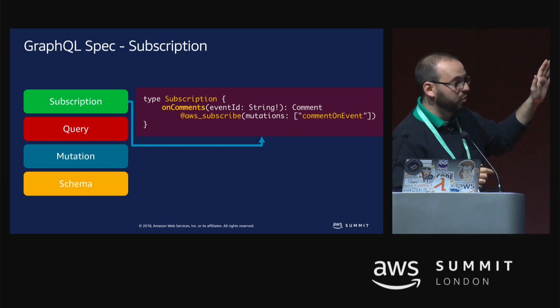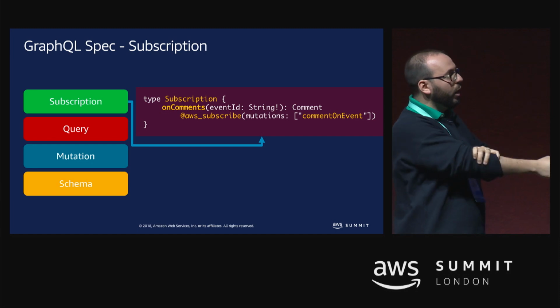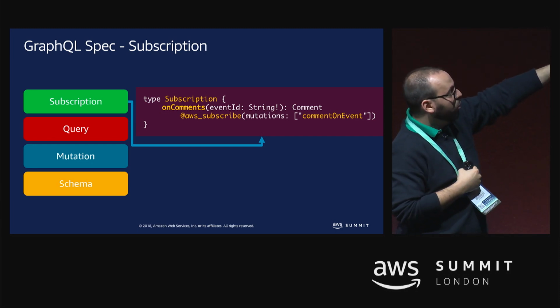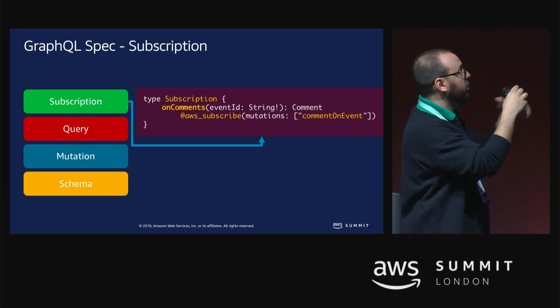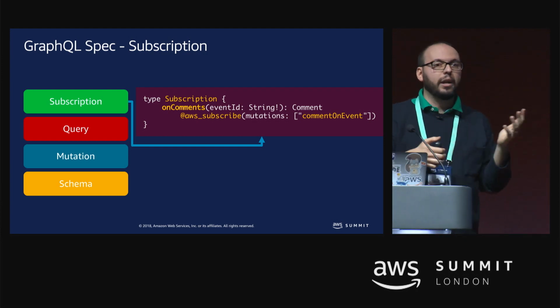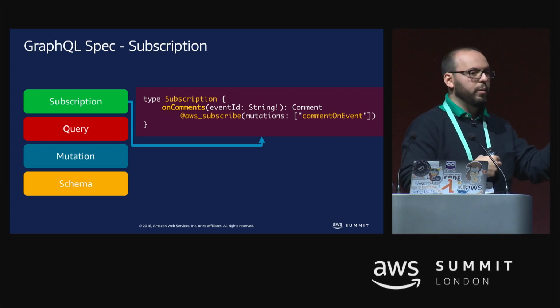From a GraphQL perspective, what you do with WebSockets is something called subscription, where you can say, if anyone changes the data inside my comment type, I want to send part of the data to my client.